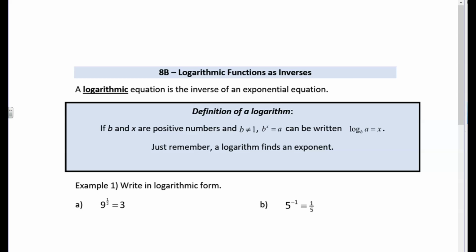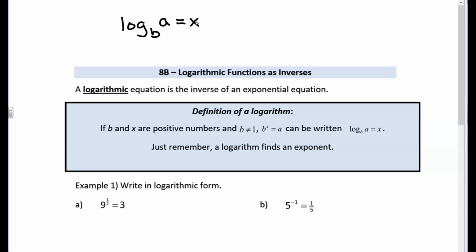A logarithm equation is actually the inverse of an exponential equation. They're very closely related. So you've probably seen this button in your calculator. It says the word log, right? We've seen that button in our calculator. Well, a log is written as log with a base of b of a equals x.